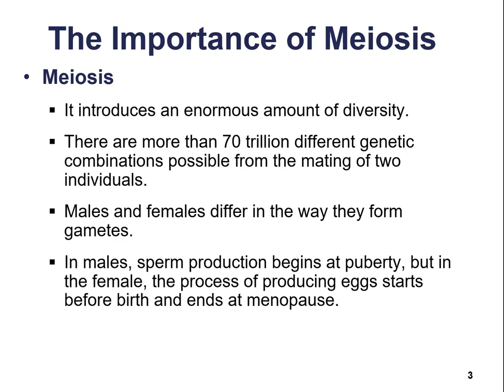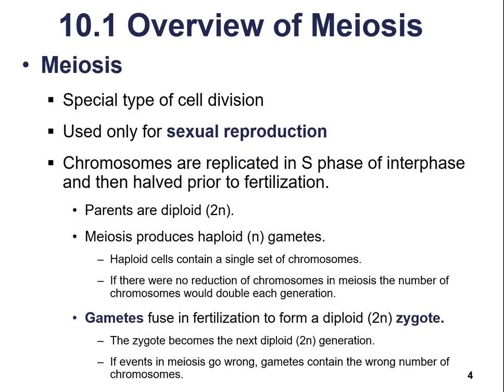So slightly different. There are some variations in the process of oogenesis, which is the production of egg cells, and spermatogenesis. We'll talk about that briefly, but I don't really hold you responsible for knowing the subtle details between those two, just because there's a lot of other stuff going on in this chapter.